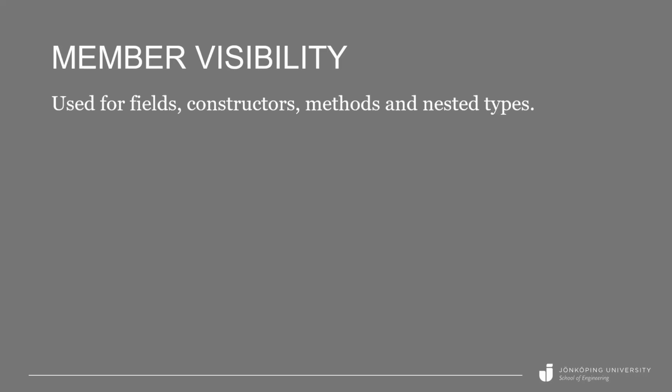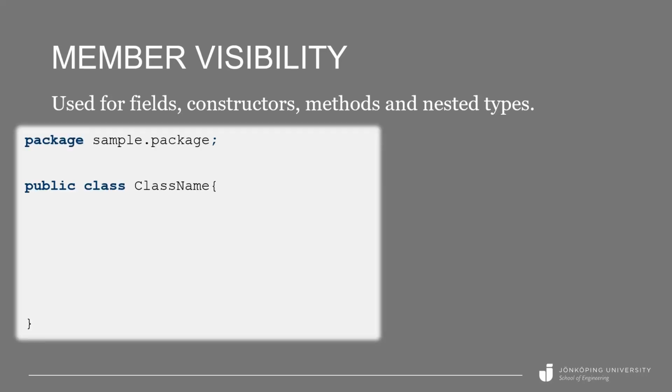Just as a class has a visibility, members inside a class have visibility as well. And with members inside a class, I'm talking about fields, constructors, methods, and nested types, such as an inner class or an inner interface. So to specify which visibility a field should have, you write the name of the field, then the data type, and then here the first thing is the visibility.